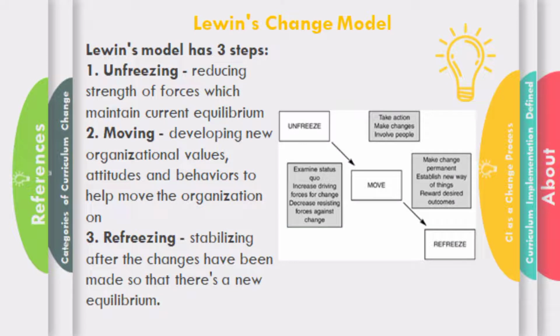Lewin's change model has three steps. Number 1, unfreezing: reducing the strength of forces which maintain the current equilibrium. Number 2, moving: developing new organizational values, attitudes, and behaviors to help move the organization on. Number 3, refreezing: stabilizing after the changes have been made so that there is a new equilibrium.